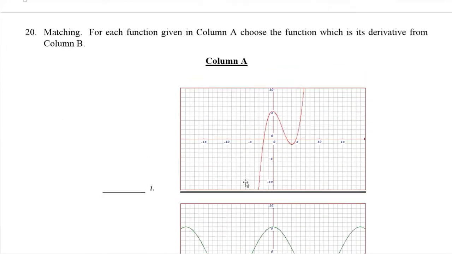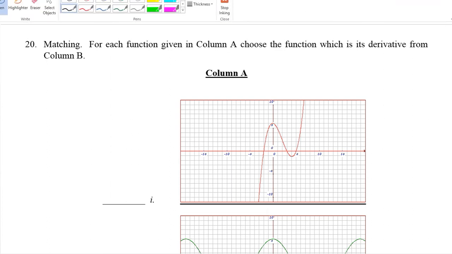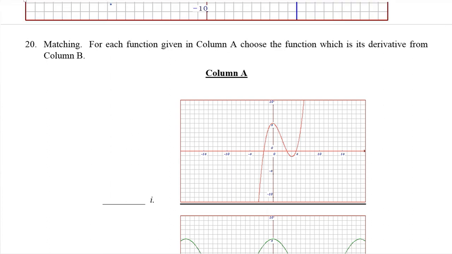Okay, now if I were doing this, I would look at this and say, this is the original function, and what I want to find is the graph of the derivative. Let's see if I can do some really rough sketching in here. Here we see a local minimum, so the derivative is going to be 0 right there.